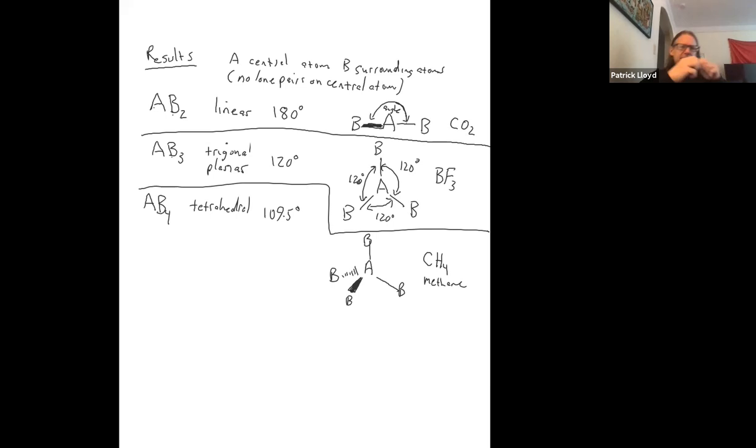So again, the A is the central atom. So in the case of methane, it would be a carbon atom. And then there are 4 attachments that are as far apart from one another as possible. So think of these as the bonds or the electron groups. See how far apart they are? See how it's 3-dimensional? It's not 2-dimensional, right? So you might have predicted it would be 90 degrees, 180, 120, and then 90, but no, it's 109.5.